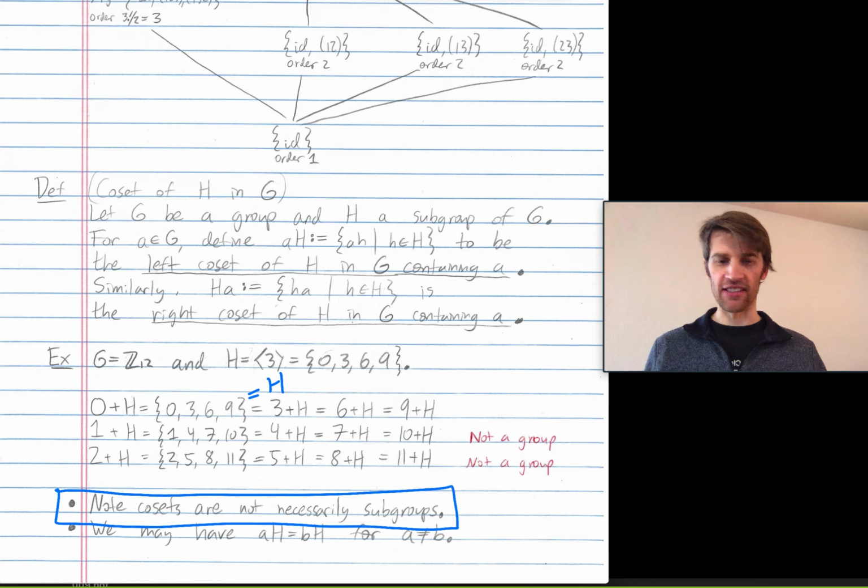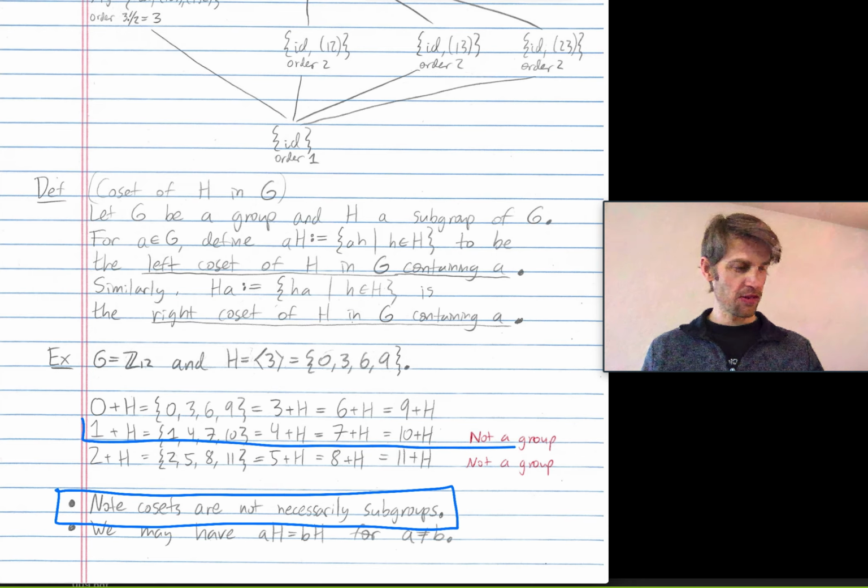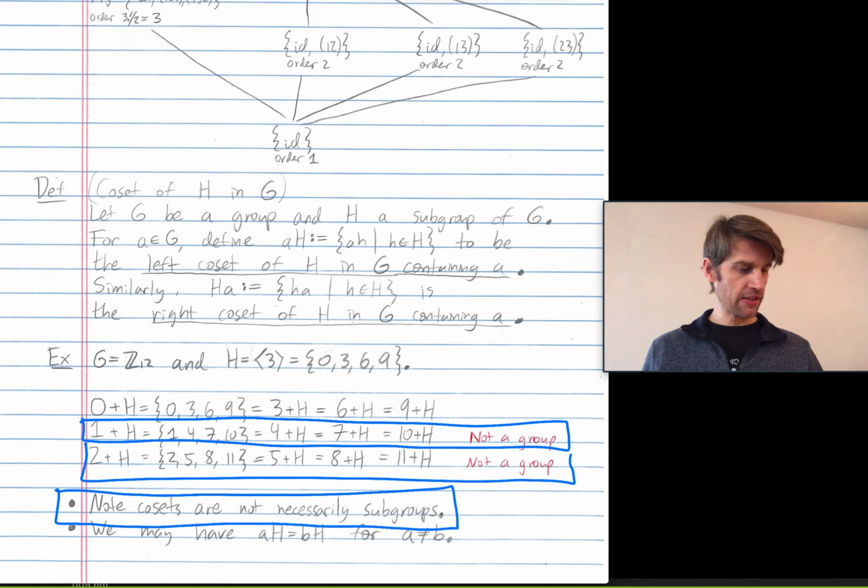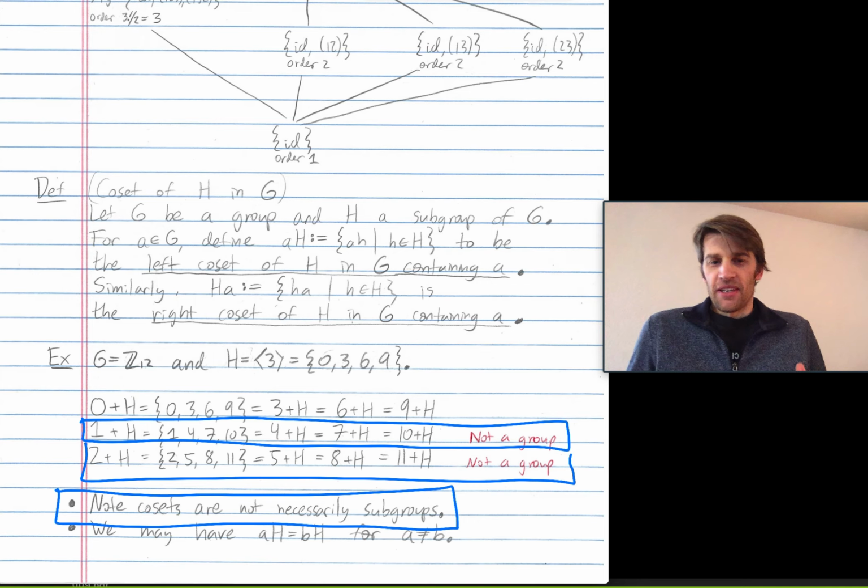H is a subgroup. But the other cosets will not be subgroups. So this coset 1 plus H is not a subgroup. And this coset 2 plus H is not a subgroup. Indeed, the cosets that don't contain the identity can't be subgroups because they don't have the identity as an element.